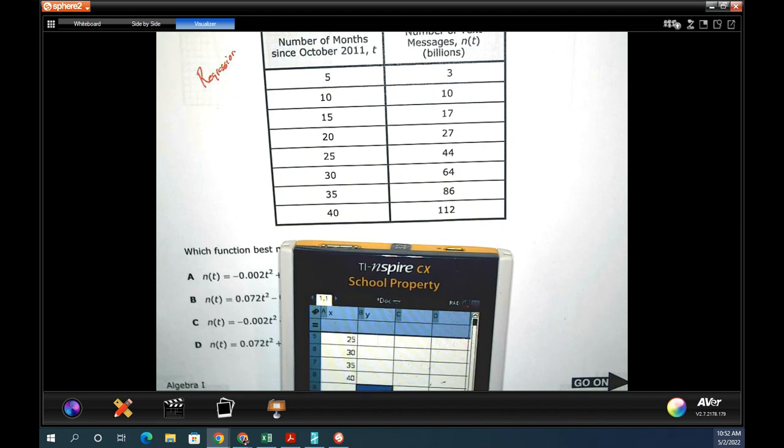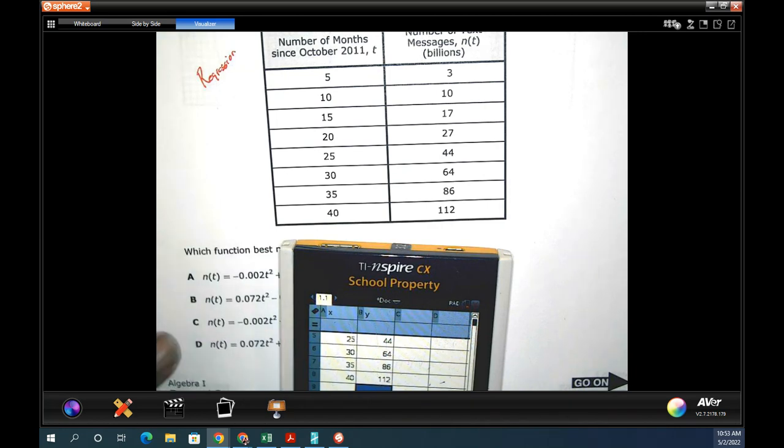All right, let's put in our y's. 3, enter, 10, enter, 17, enter, 27, enter, 44, enter, 64, enter, 86, enter, 112, enter.